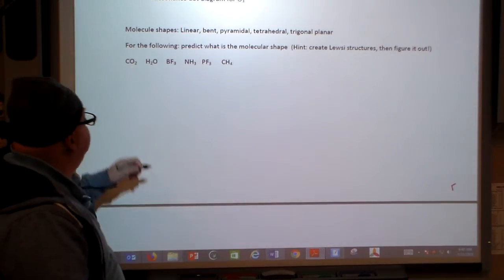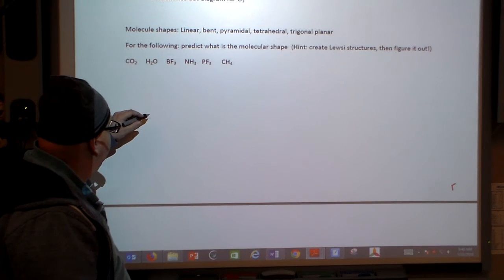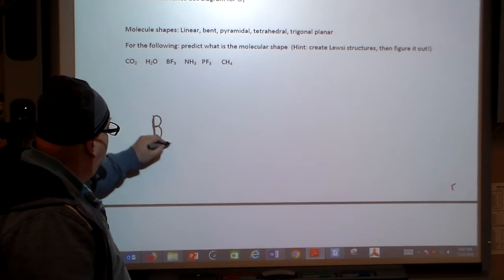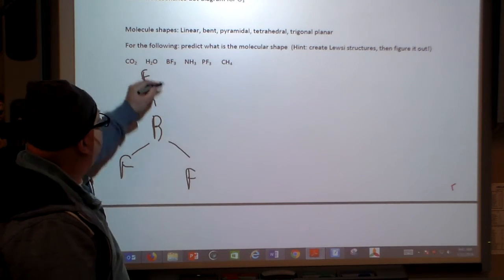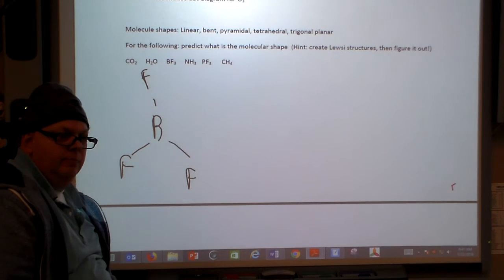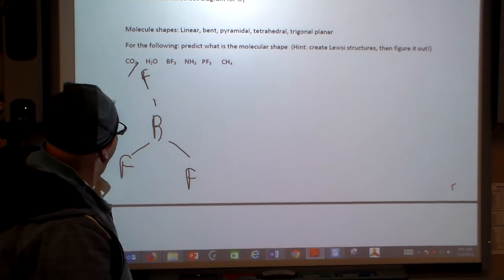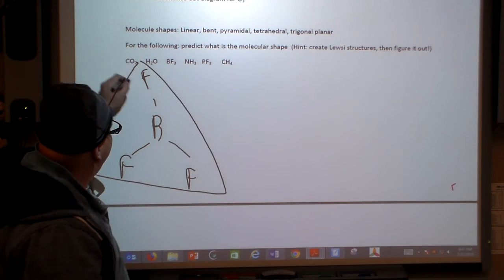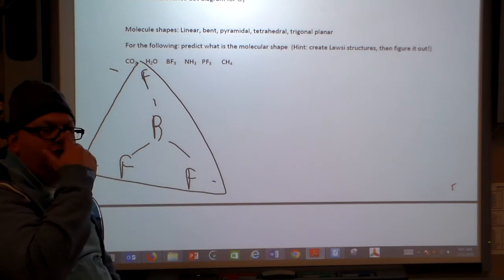Okay, so no, that one isn't. But what about our flat triangle? What about our trigonal planar? Is that polar or non-polar? It's non-polar because everything is partial negative, partial negative, partial negative. There is no partial positive anywhere in there.